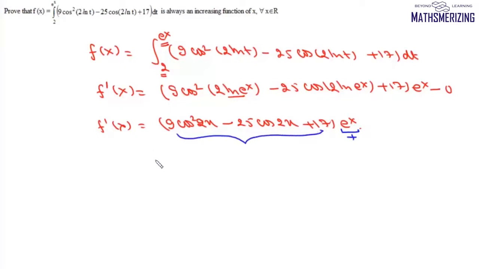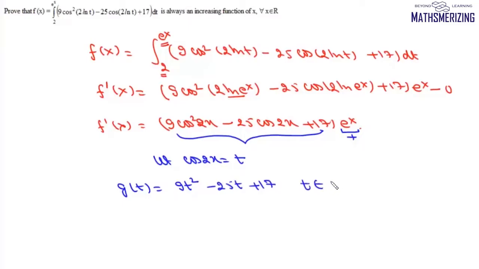What we'll do is we'll let cos 2x be t, then we can write this function as some g(t), which is 9t² - 25t + 17, where t belongs to -1 to +1.